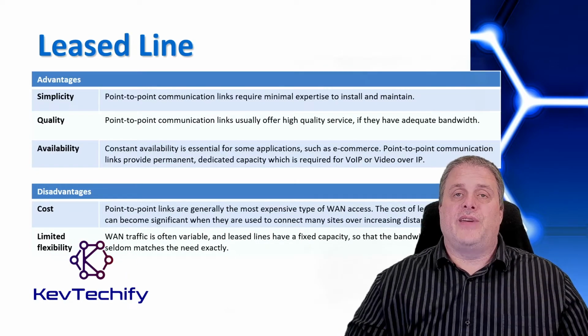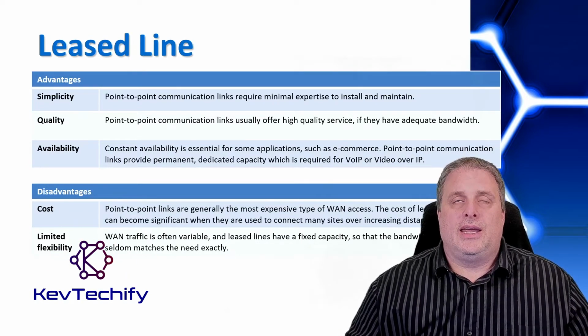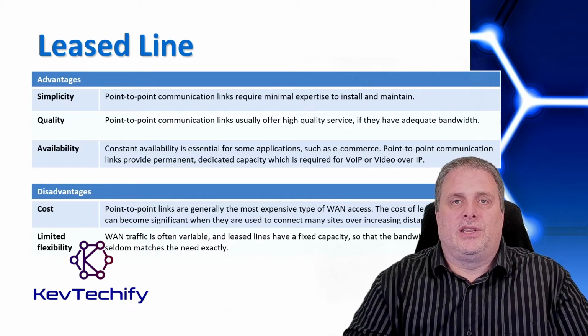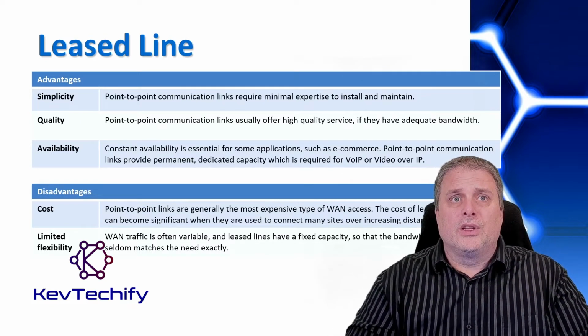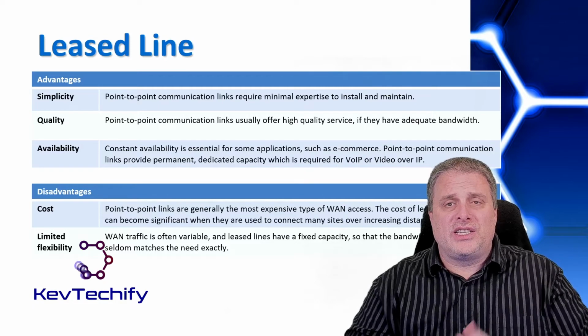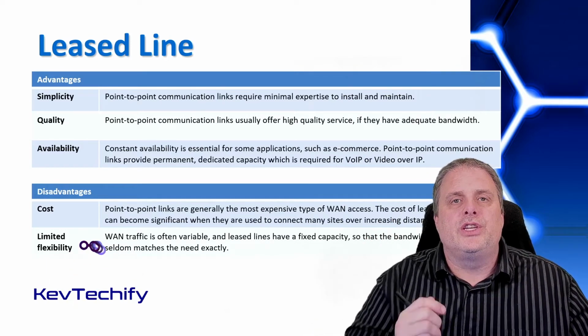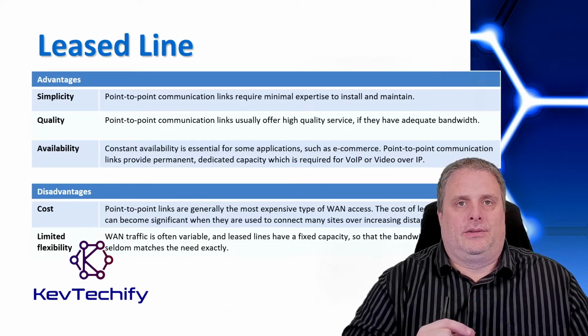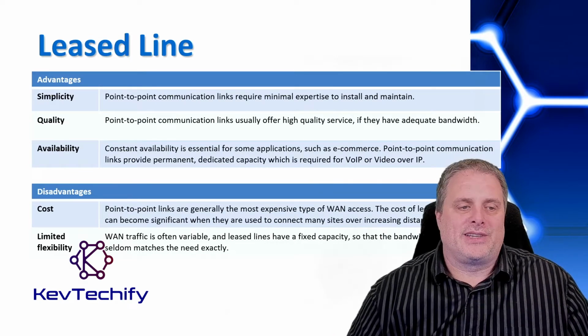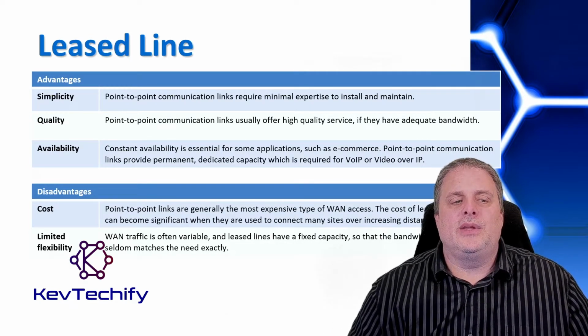Now, the disadvantage was the cost. It was a lot for these connections. Looking at the T1, T3 lines here in the United States, up to a couple thousand dollars per month just for the connection. That was for no internet service on there. And you had limited flexibility.